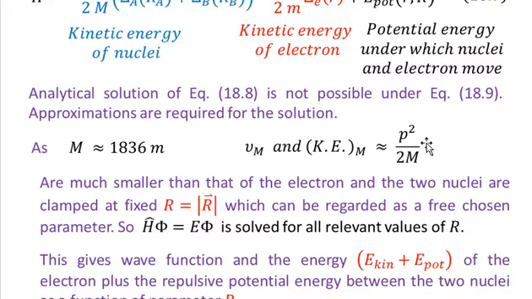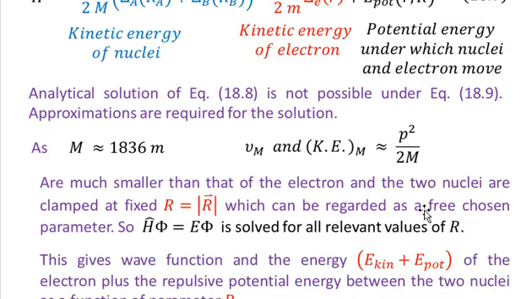So we can say that these two quantities are much smaller than those of the electron, and the two nuclei are clamped at a fixed distance, R equal to the modulus of the vector R, or the magnitude of the vector R. So Vm and the kinetic energy of each nucleus will be very small in comparison with these two parameters of the electron, because the electron, being a lighter particle, will have a much larger velocity and a much larger kinetic energy.